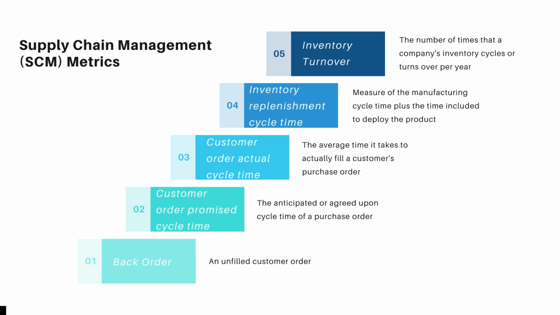In addition, we have inventory replenishment cycle time. This measures the manufacturing cycle time plus the time to deploy the product to the appropriate distribution center. Last but not least, we have inventory turnover. This is the number of times that a company's inventory cycles or turns over per year.